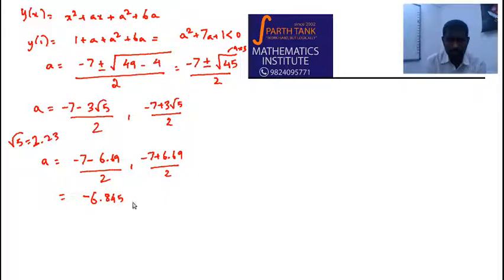And then here I have minus 0.31 by 2, which is minus 0.165, somewhere in this region. A can have these two values roughly, and since the inequality is less than 0, remember we are coming back to this again and again, you have minus 0.165 here and minus 6.845 here. A has to be in this range.